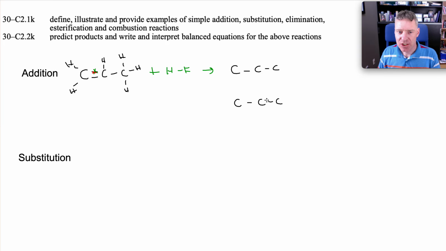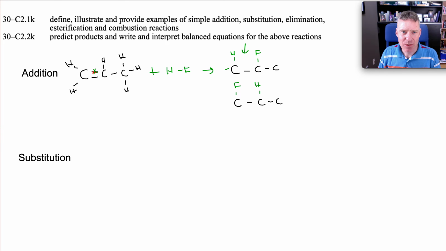Sometimes when it adds either way, it has the same name, so you only have to do it once. But in this case, we have the breakage on the left-hand side, and we could add the F in the middle and the H there across the old double bond, or we could do it the other way, getting a 1-fluoro or a 2-fluoro option.